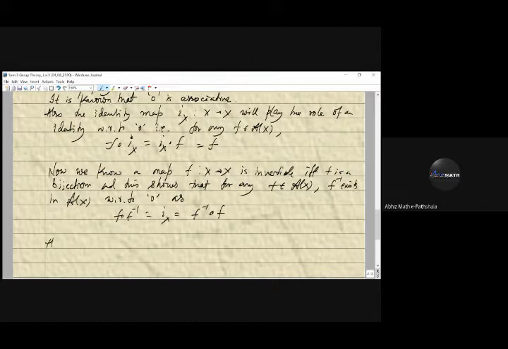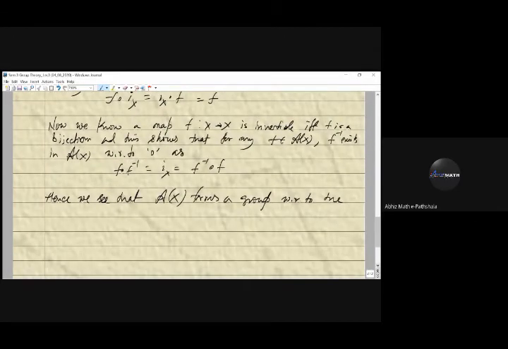So hence we see that curly X forms a group with respect to the composition of maps, compose circle.